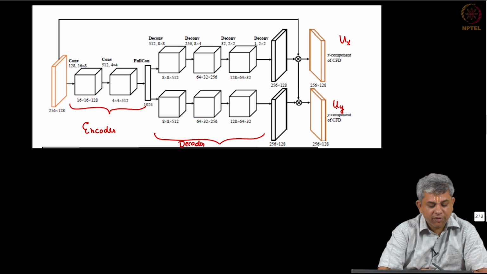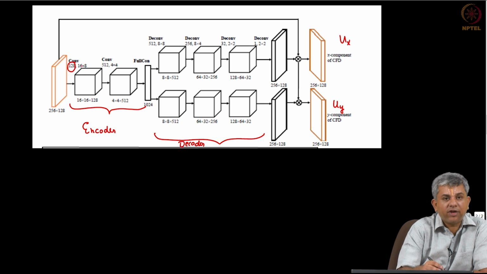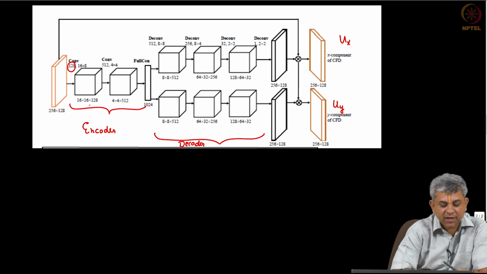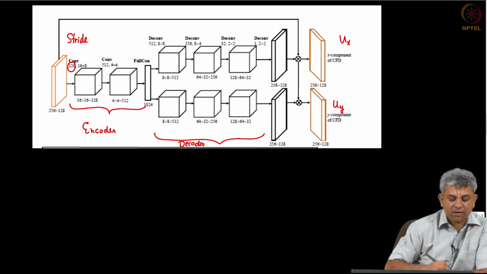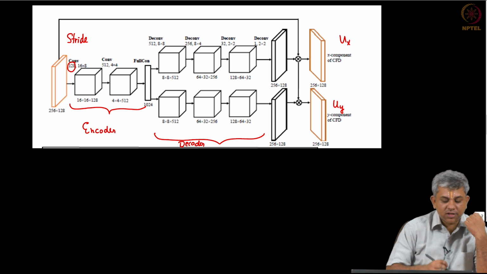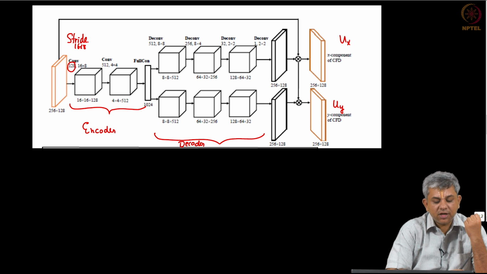Specifically, also see that you have 128 filters in the very first layer, each of size 16 cross 8, which is why this 256 cross 128 now got squeezed into 16 cross 16 cross 128. As a simple exercise, please think about what is the stride here. The stride, as you will see, is actually 16 cross 8.